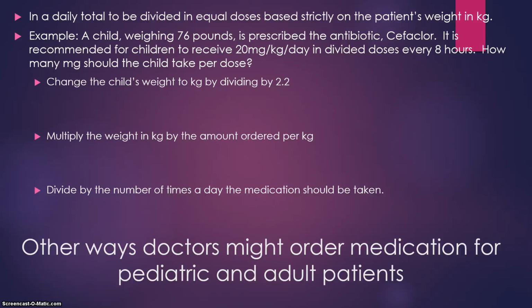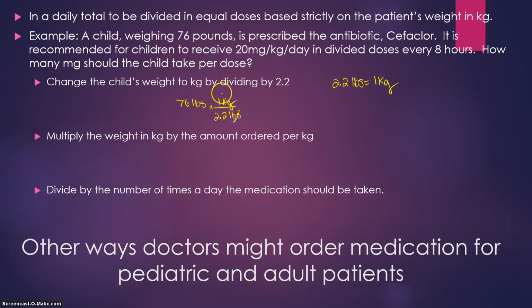So the first thing we're going to do is change the child's weight to kilograms by dividing by 2.2. And why are we dividing by 2.2? Because 2.2 pounds equals 1 kilogram, right? So we're going to do 76 pounds, 2.2 pounds, 1 kilogram.